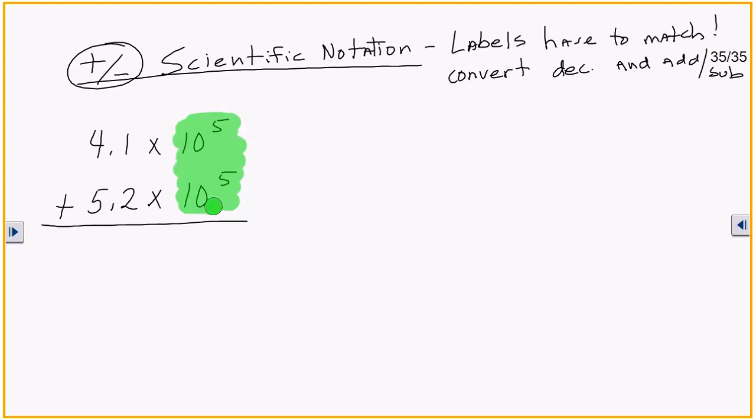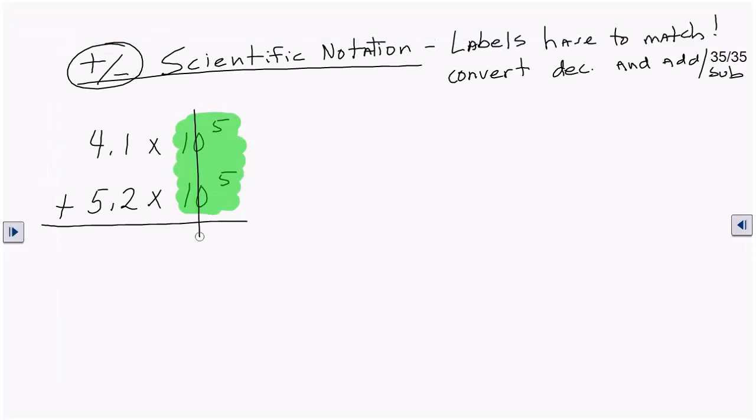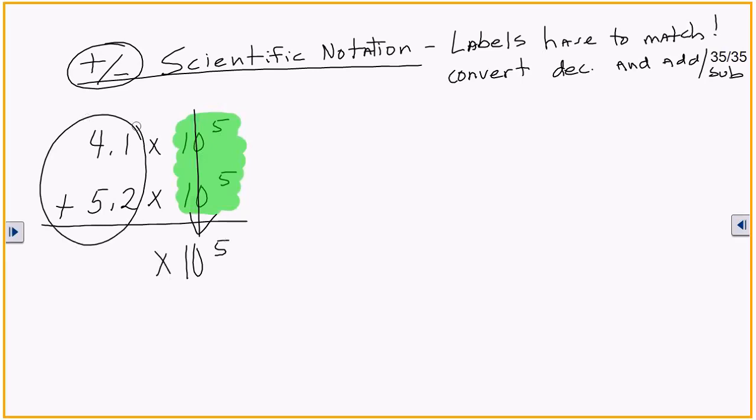So they just come down. And you add these two. So that's 9.3 times 10 to the 5th power. Pretty simple.